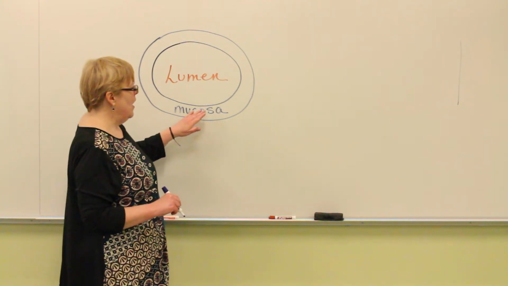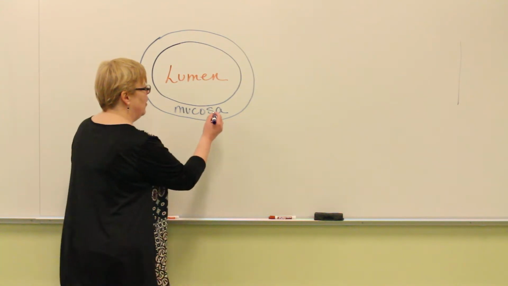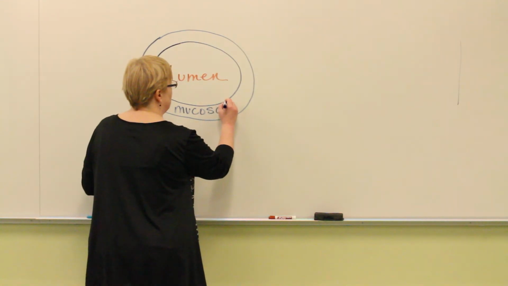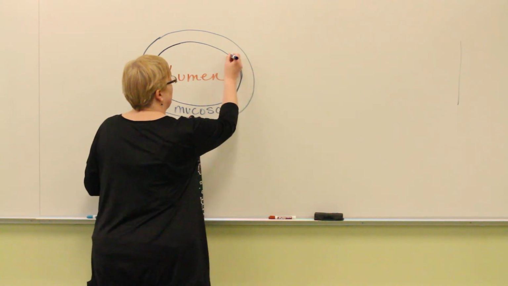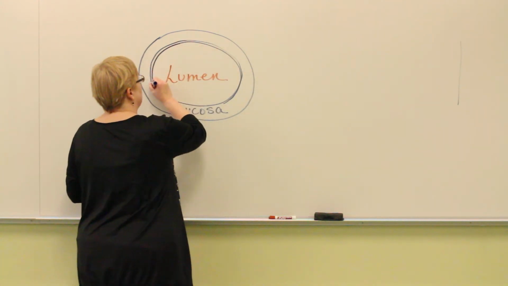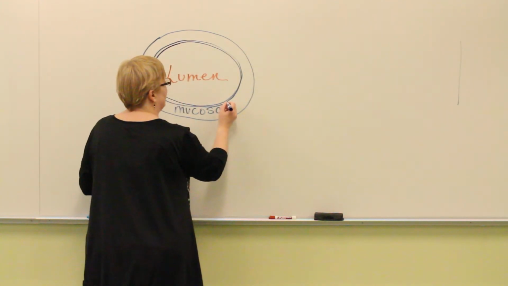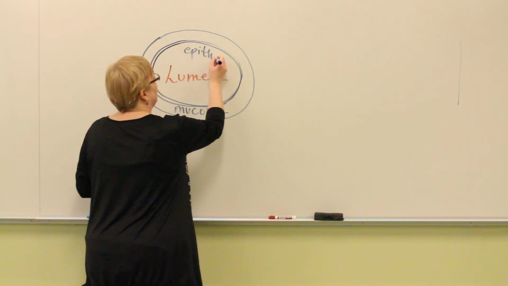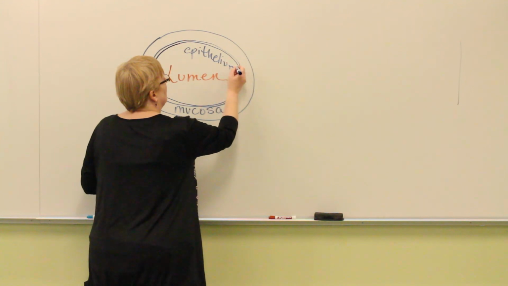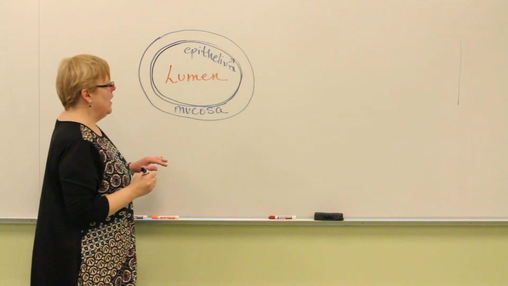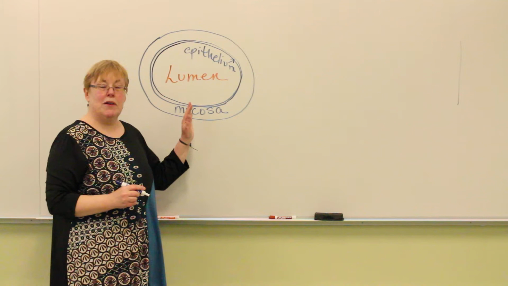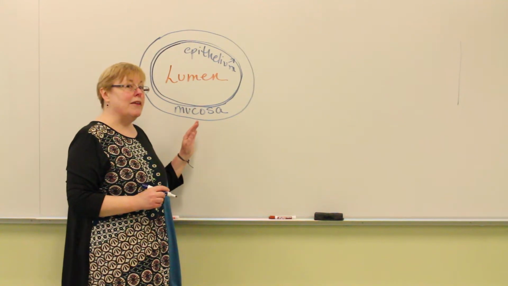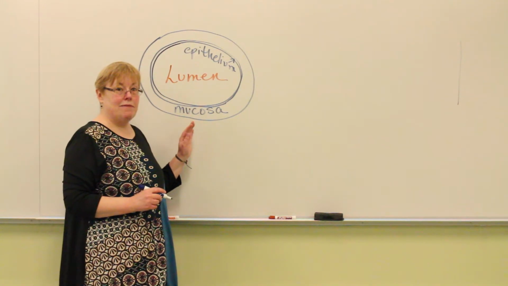Okay, so this would also be the location where the epithelium would be located. So if I put this extra little layer here, this is where our epithelium would be located. Okay, and so remember, epithelium is a tissue that covers body surfaces and lines body cavities.